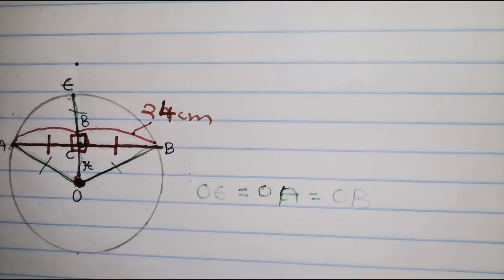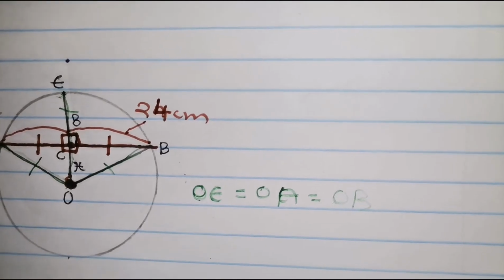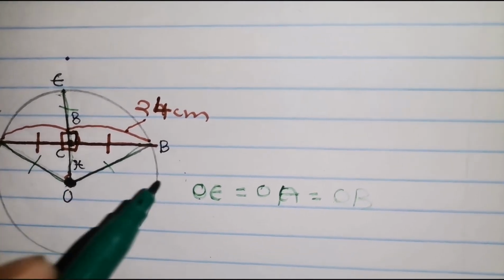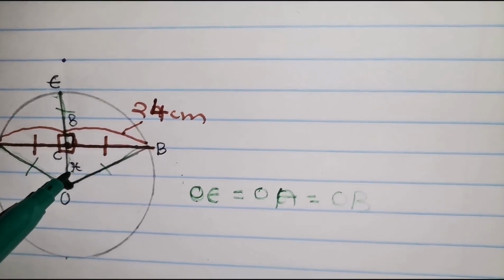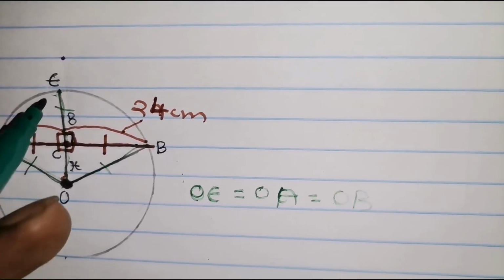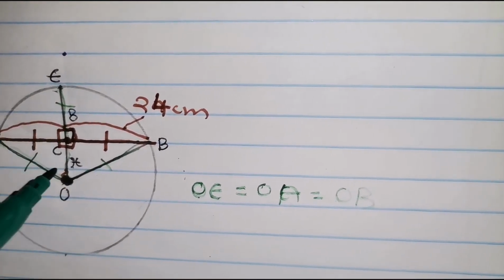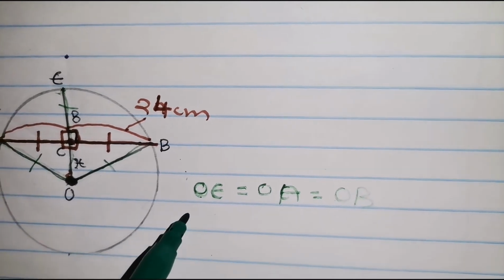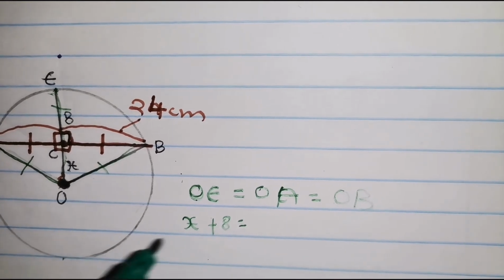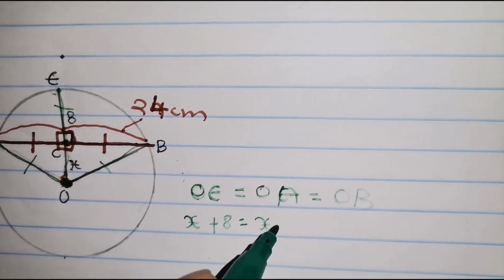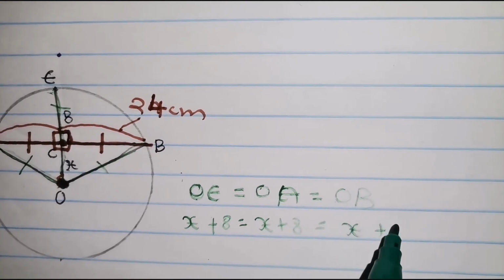So what is the length of OE? The length of OE is OC plus CE. OC is X and CE is 8. When you add X plus 8, it is the length of OE, X plus 8.